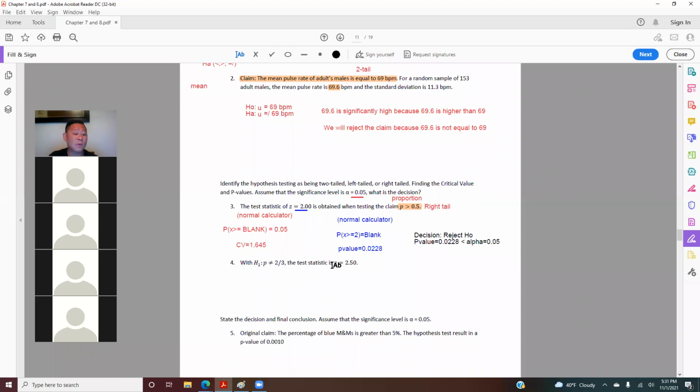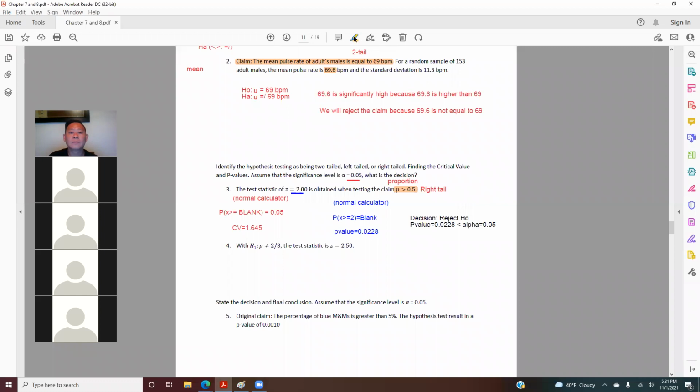Same thing happens on question 4. First things first, we have to figure out, is this two tail, left tail, or right tail? And how do you know which one is which? Last time the claim statement is right here. I said this is a right tail. So can someone tell me where's the claim statement in this case?